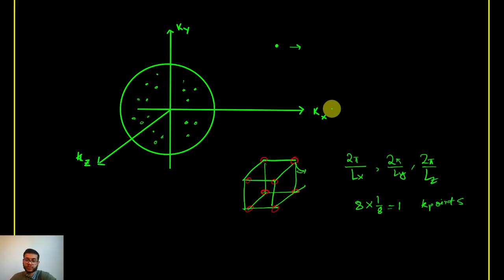I am only drawing one unit cell, but there is a unit cell here, and a unit cell here. So these are 4 bottom, 4 top.